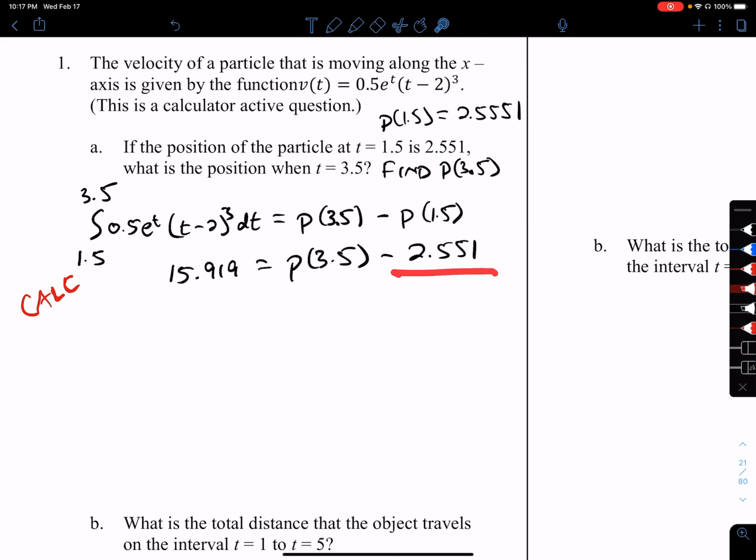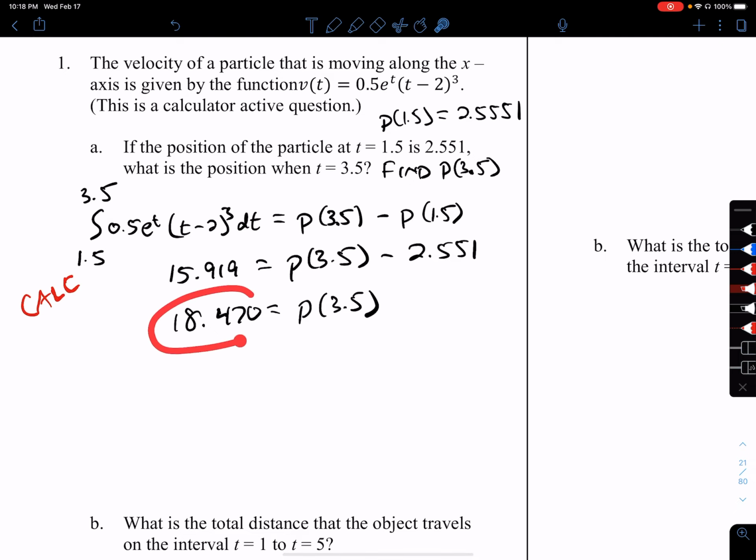Using some algebra, add this to both sides, and we get 18.470. The position of the particle at 3.5 is 18.470. We have no idea what kind of units we're in.